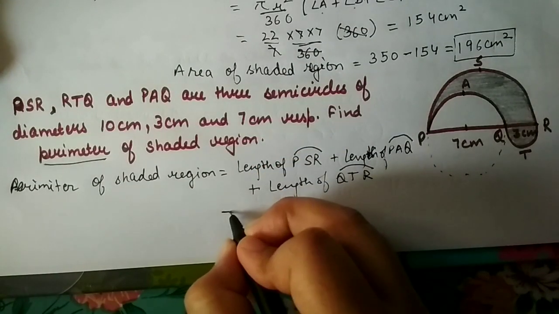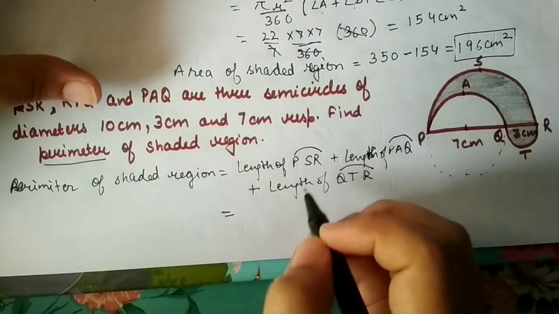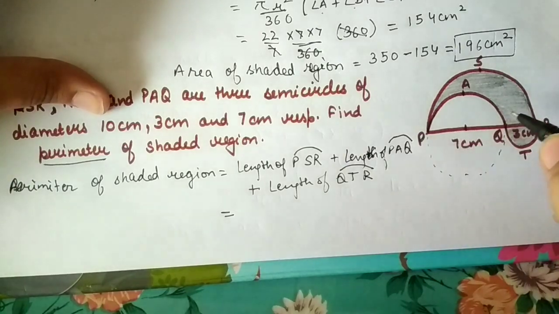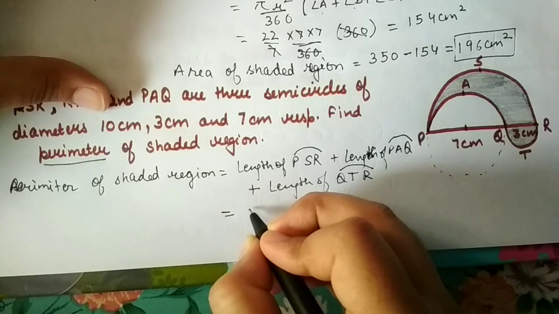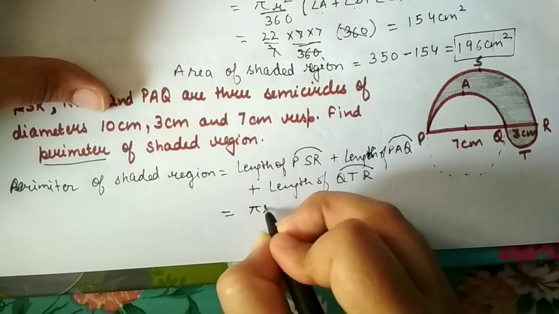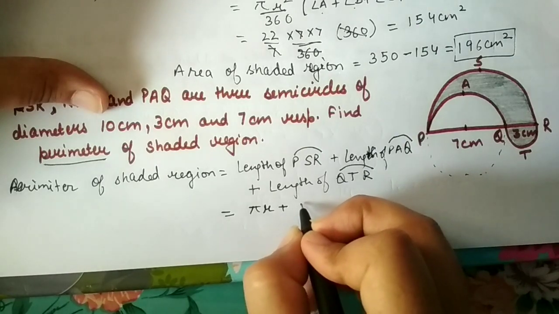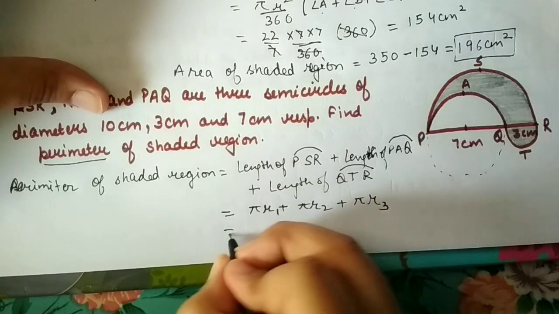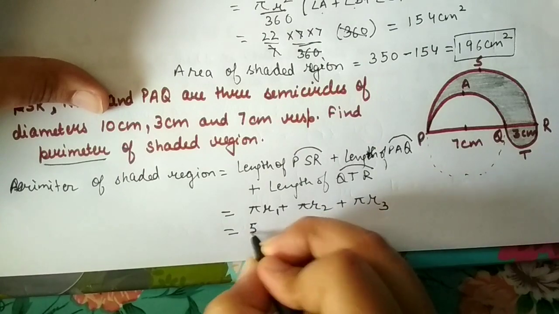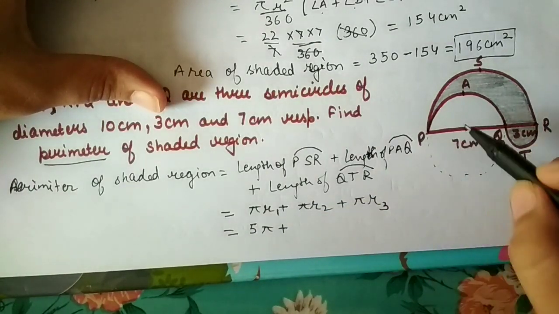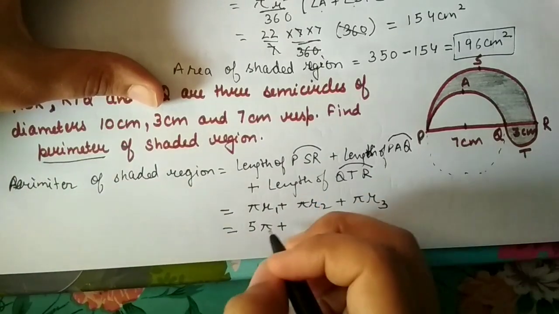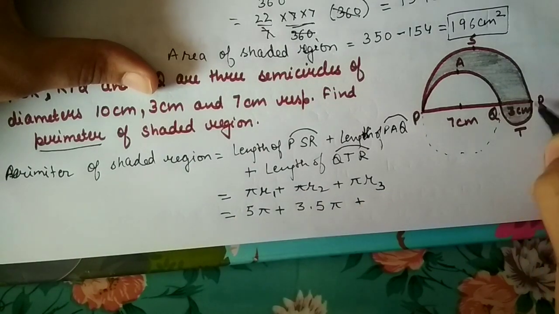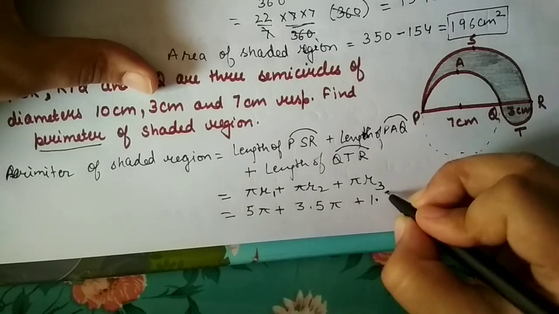So it is pi r1 plus pi r2 plus pi r3. The radius of semicircle PSR, whose diameter is 10 centimeters, will be 5 centimeters. So r1 is 5, so 5 pi, plus the radius of PAQ is 7 by 2, that is 3.5 pi, plus the radius of QTR is 3 by 2, that is 1.5 pi.